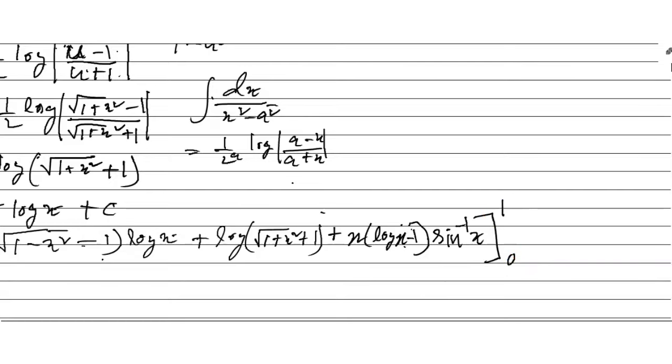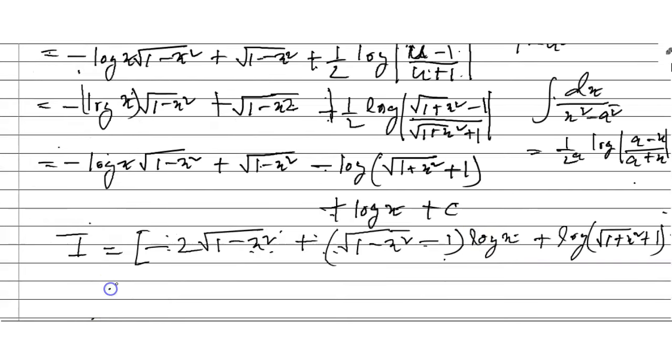Just putting this value, and after that, what can I do? Putting this value, whatever I get, minus 2 here and another factor here. If I put that it is 0, and minus log 2 I get, and plus pi by 2. This is my answer.